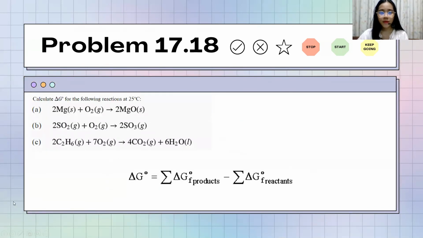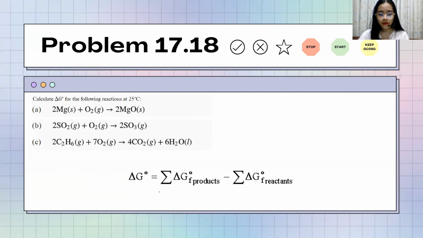Next, we have here problem 17.18 about entropy, free energy, and equilibrium. So the change in free energy that occurs when a reaction forms its elements in their most thermodynamically stable states at standard state conditions. To calculate the standard state free energy of a reaction, we can consider this formula.